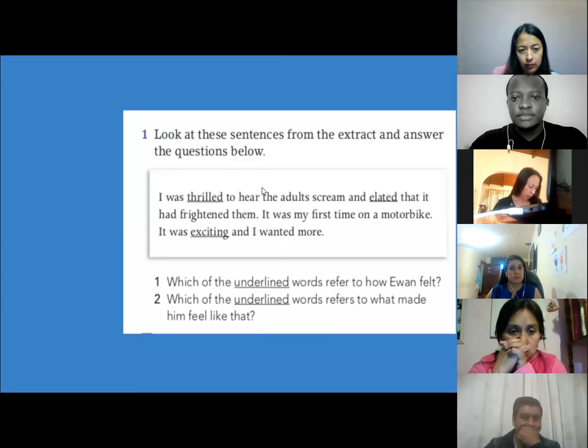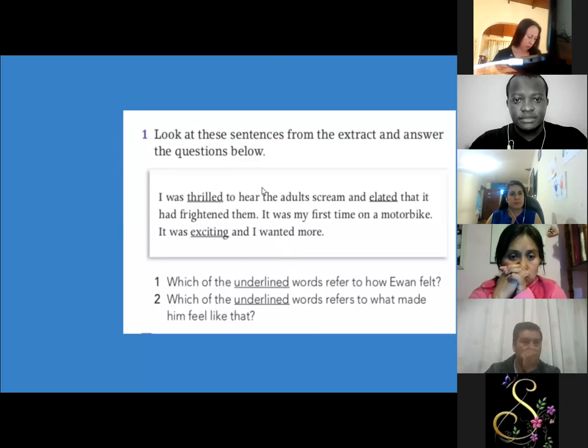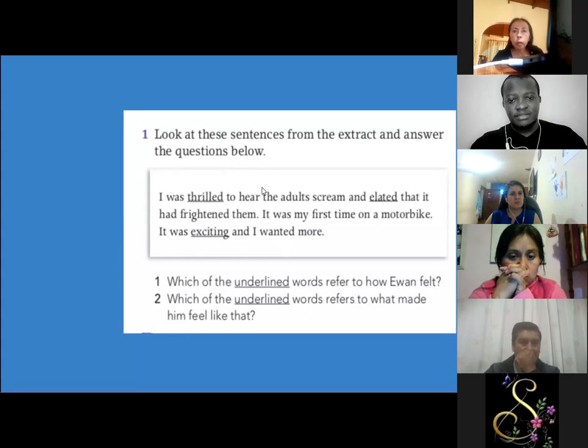Sure. Look at this sentence from the extract and answer the question below. Number 1. I was thrilled to hear the adults scream and elated that it had frightened them. It was my first time on a motorbike.